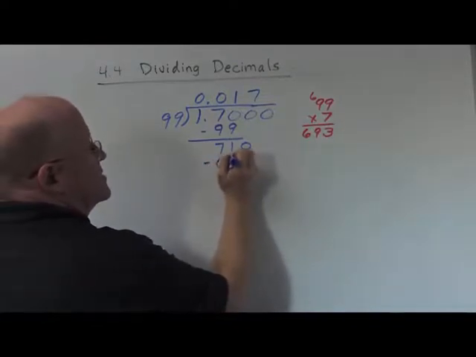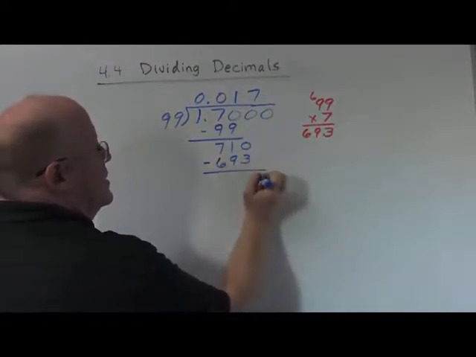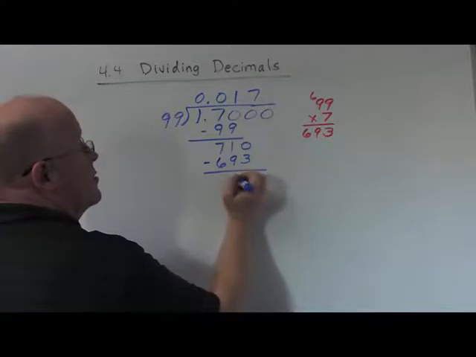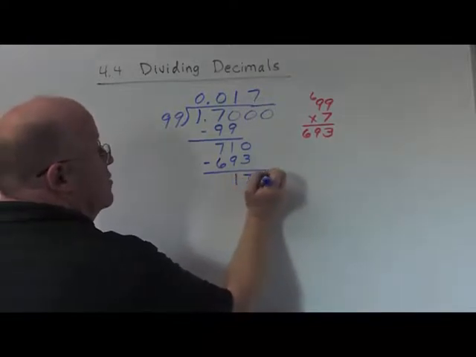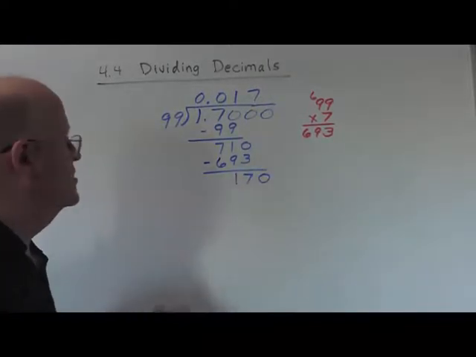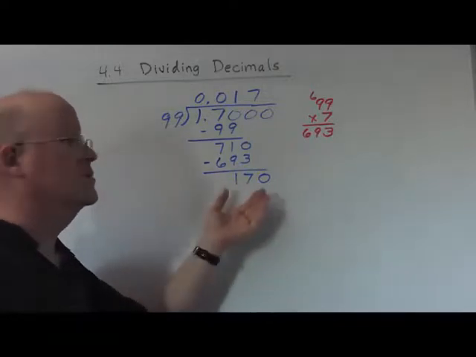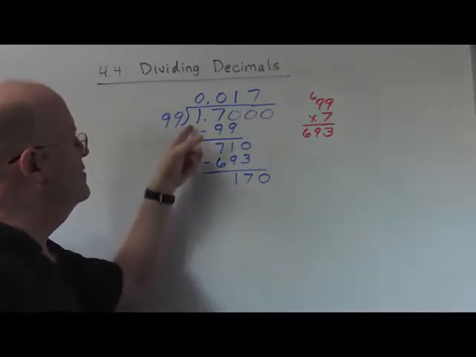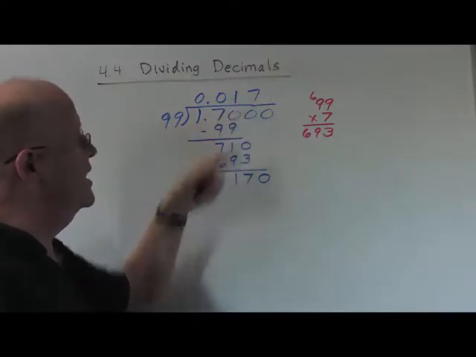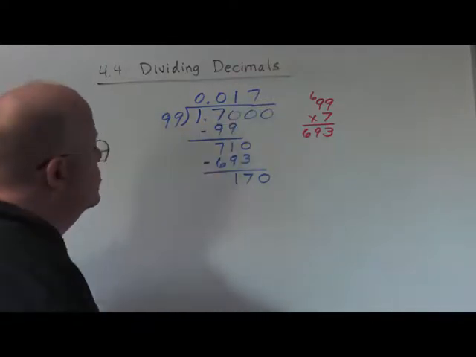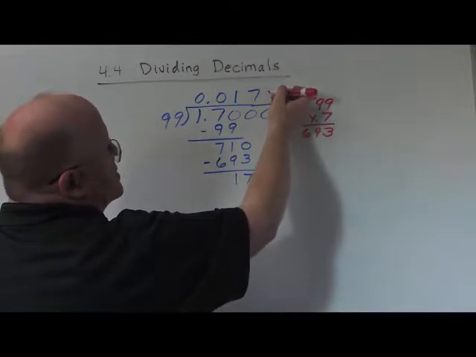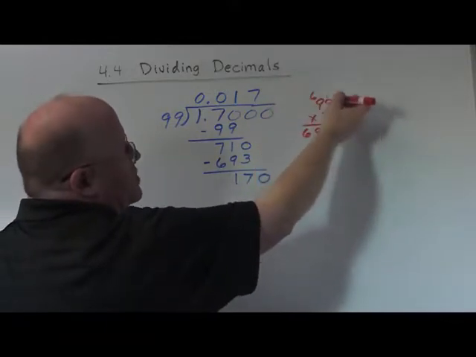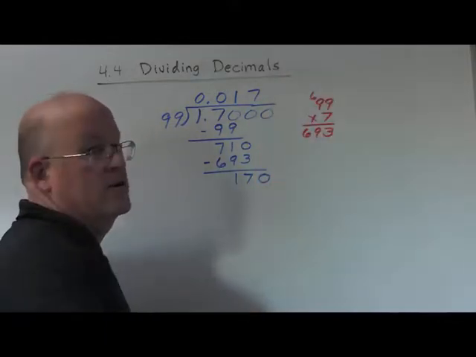Subtract off this 693, and we end up getting, after borrowing, 17. We bring down a 0, and then we say, okay, how many times does 99 go into 170? At which point we go, hey, I've already answered that question. It happens 1 time. And we realize that we're going to repeat this process of 1 followed by 7, 1, 7, 1, 7 over and over and over again.